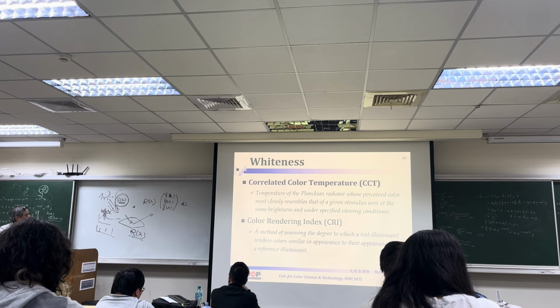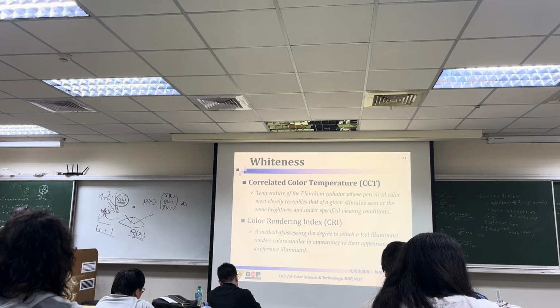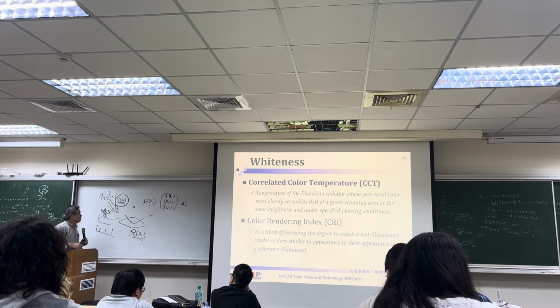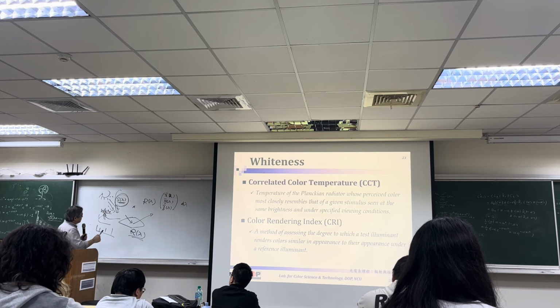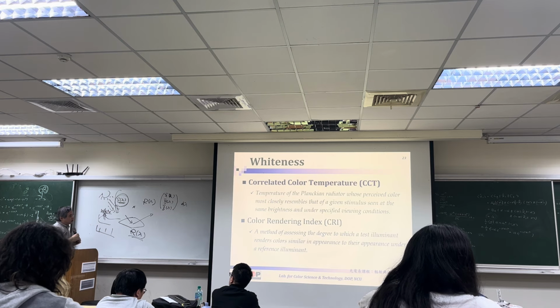Okay? All the wavelengths have their own energy. So it is white. White means everything all together. We have everything. Okay? So actually for lighting, light sources are white in color.